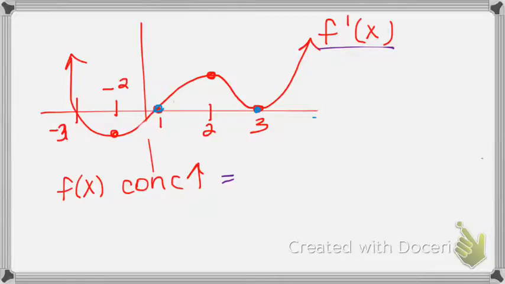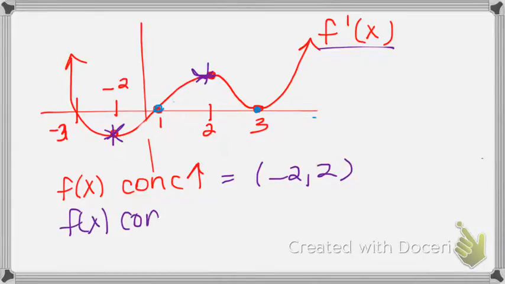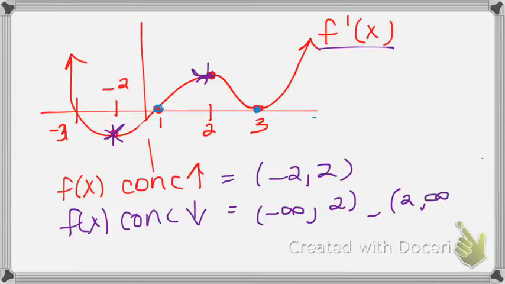Well, the slope would be positive from here to here. And then the slope would be negative everywhere else. It should be negative infinity to negative 2, and then 2 to infinity. And what that means about points of inflection is that there's one at -2 and one at 2 because that's where concavity changes.